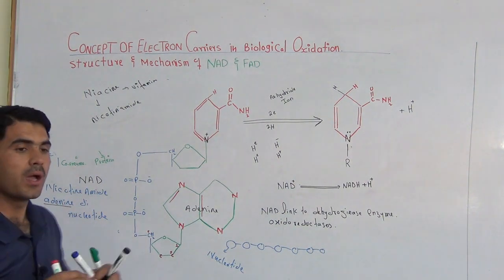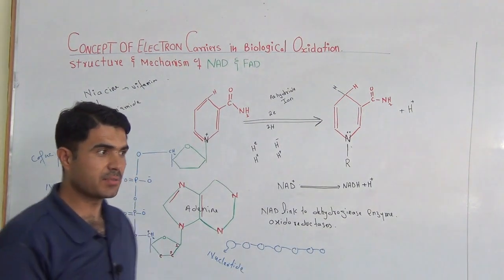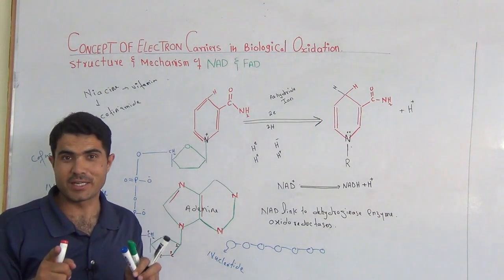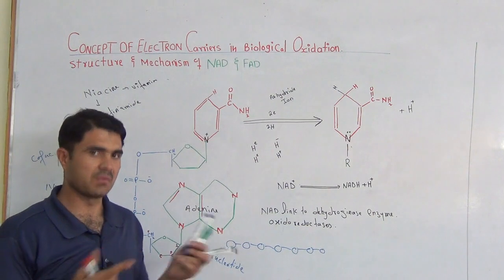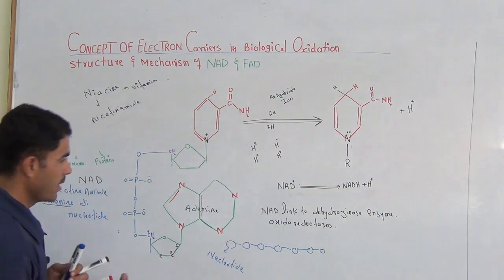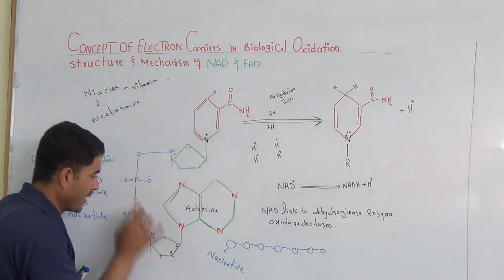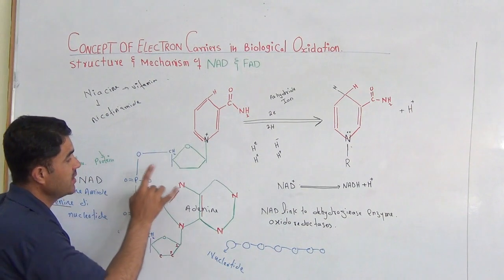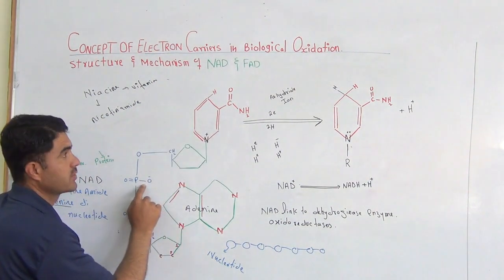Next question: why is this called a dinucleotide? It means there must be 2 nucleotides, right? This is quite confusing for some students. They are always thinking, why is it called dinucleotide? You agree that this is 1 nucleotide. So where is the second nucleotide? This one is the second nucleotide.